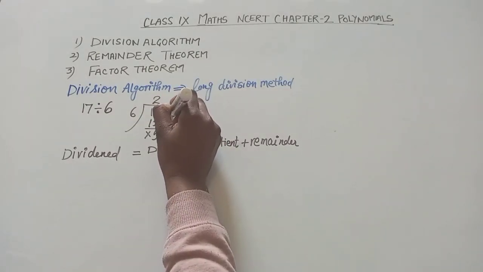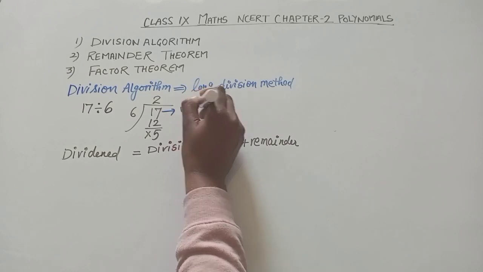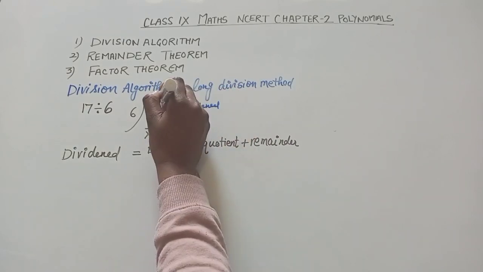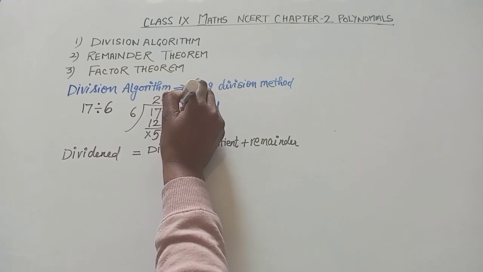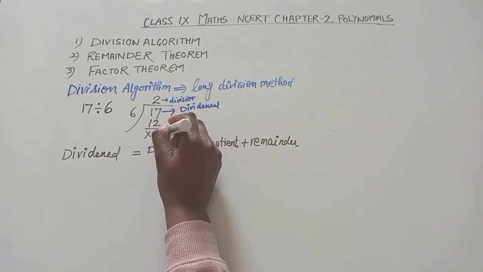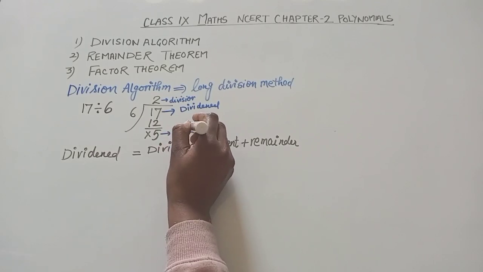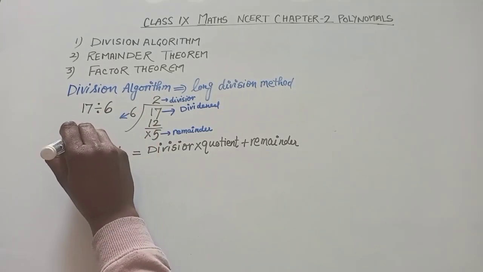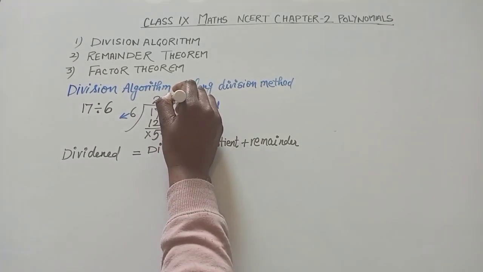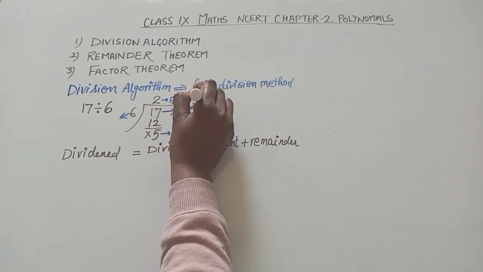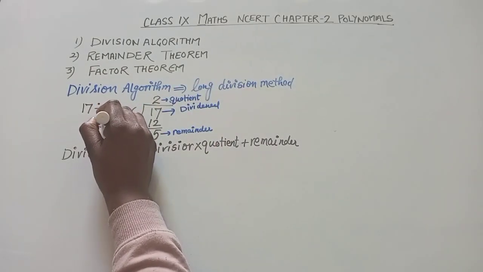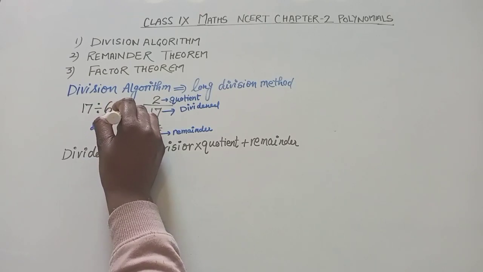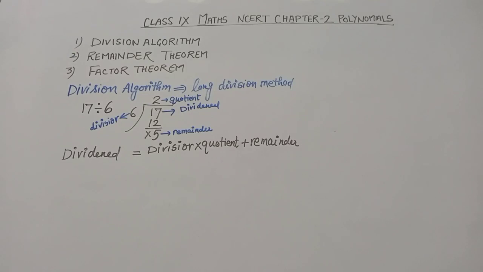Okay, so what is quotient, what is dividend, what is remainder, and what is divisor? Here 6 is called divisor, 17 is called dividend, 2 is called quotient, and 5 is called remainder.